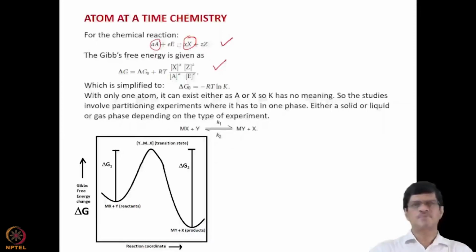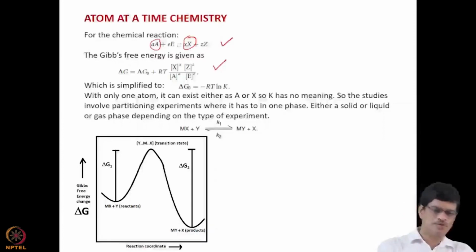So it has been proposed that such studies can be carried out by partitioning experiments, where the element which is formed will be only in one phase. That means if you have a solid-liquid partition, or even a partition with a gas phase, depending on the type of the experiment, the atom which is formed will be in one of these phases which are in equilibrium.